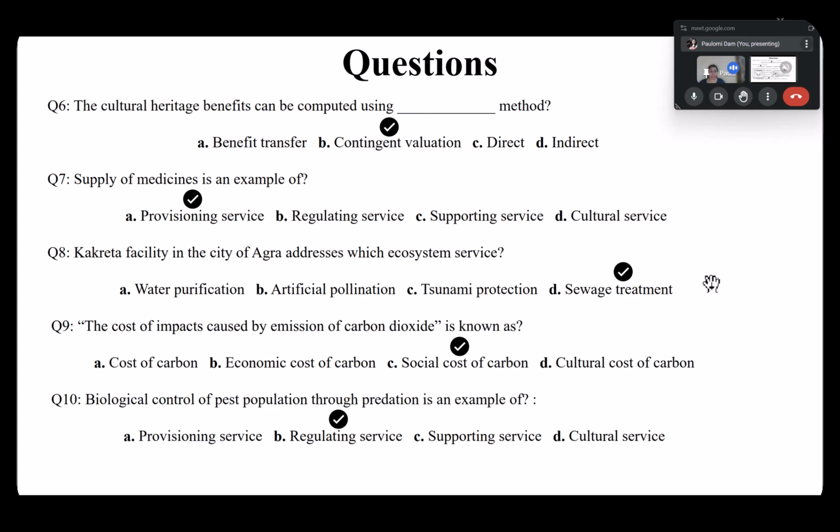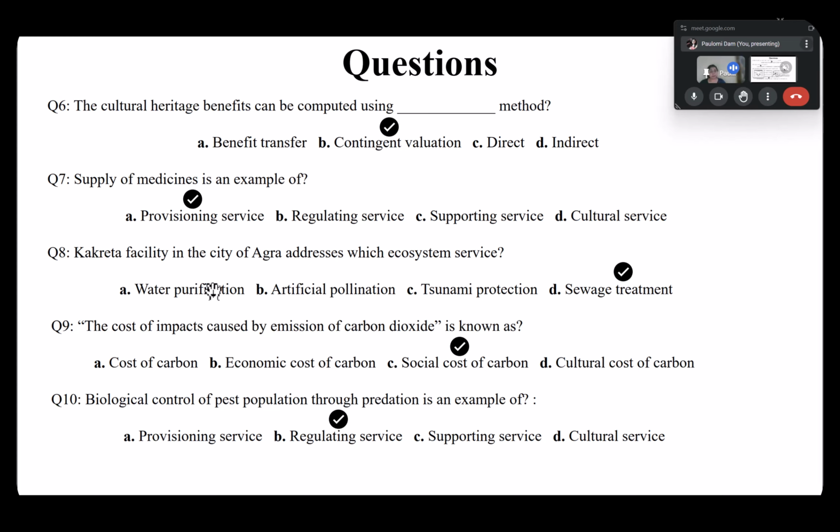Now see the first one, water purification. Not in India, in the Catskill Mountains, you have made the designs and the reserves so that water purification can take place. But wetlands do the same thing on their own. So if you conserve wetlands, then you don't have to make this facility.